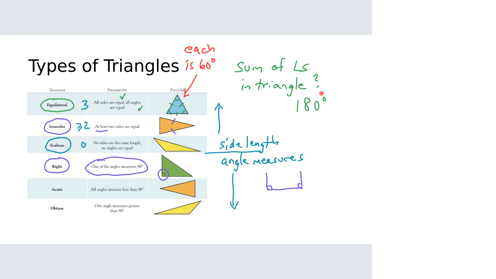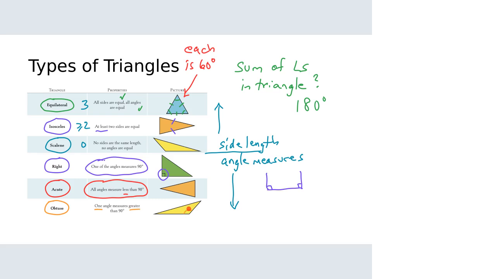In an acute triangle, all of the angles measure less than 90 degrees. So in an acute triangle, all of the angles, whatever the measures are, are less than 90 degrees. And then finally, an obtuse triangle. In an obtuse triangle, one of the angles measures more than 90 degrees.